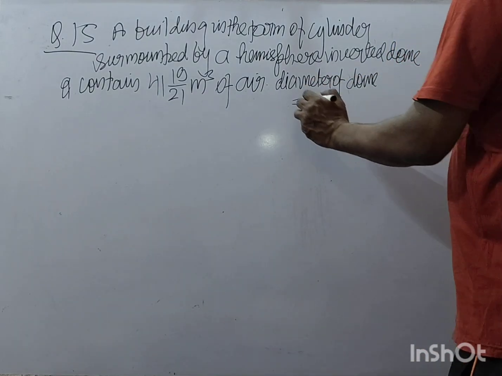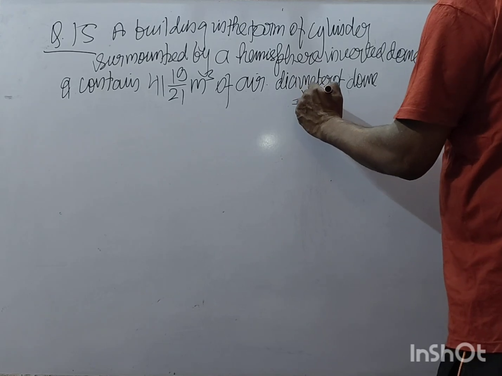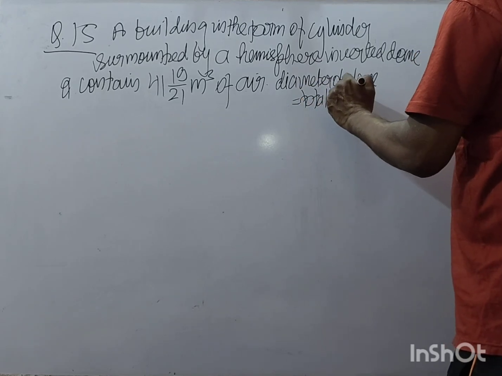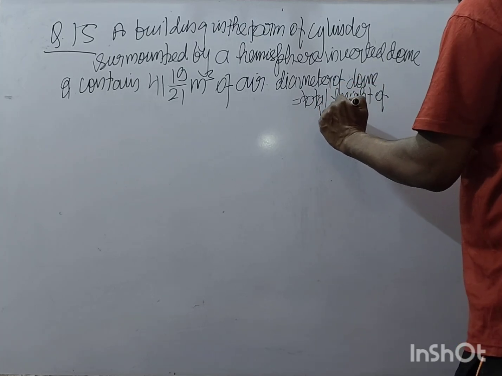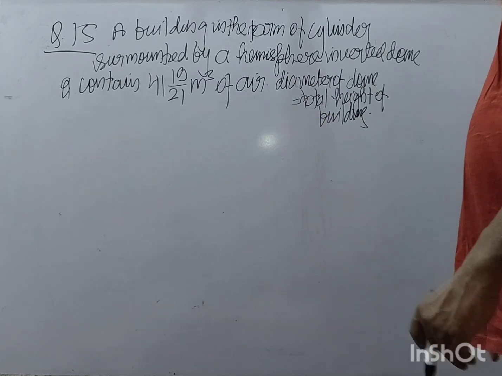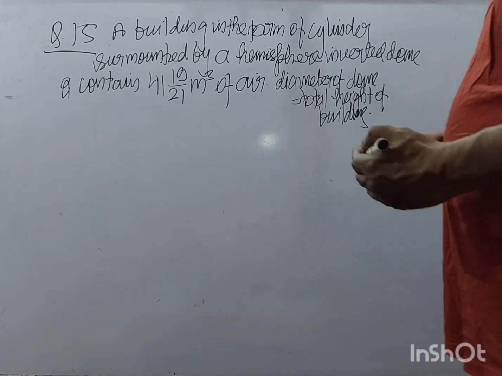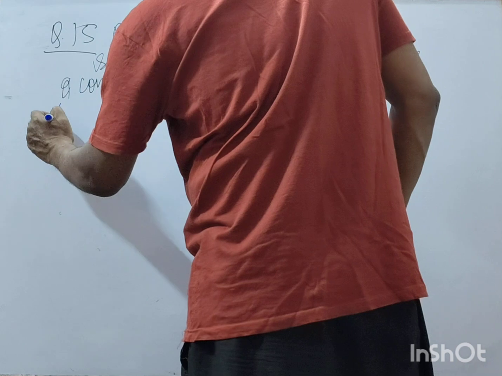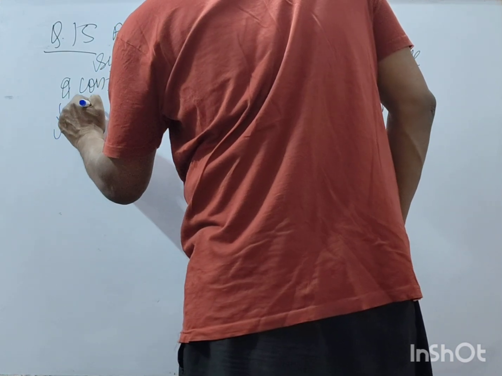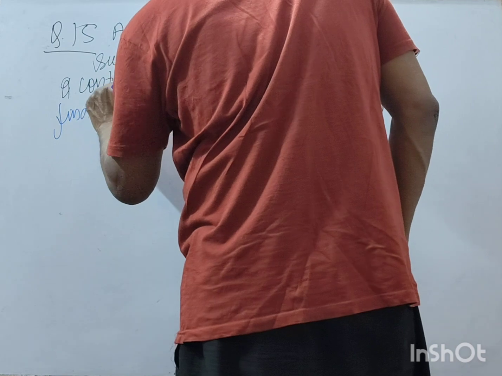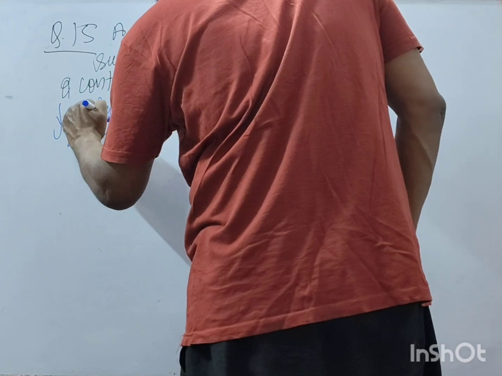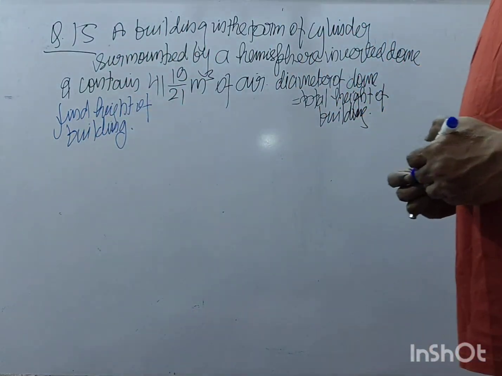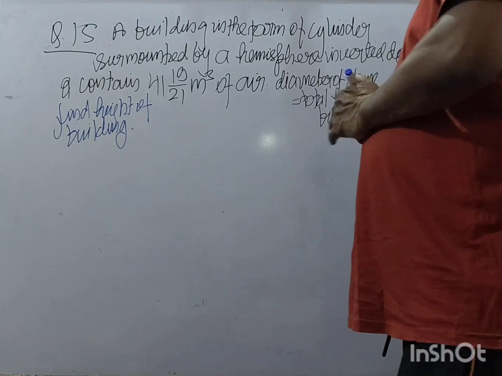Diameter of dome is equal to total height of building. Find the height of the building.